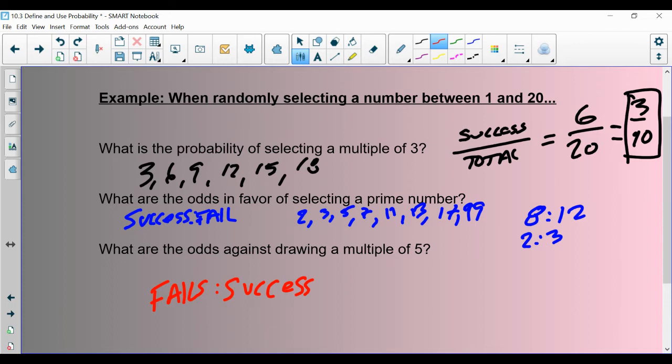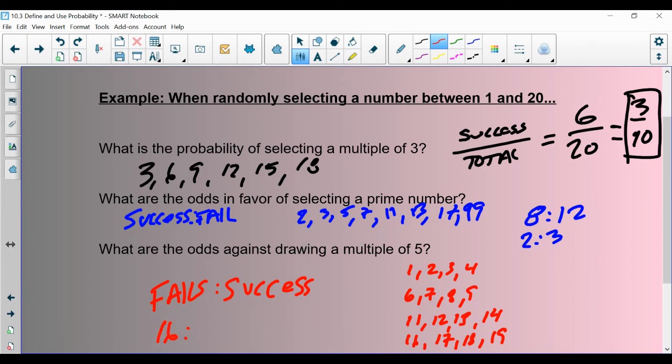Well, if I'm looking to draw a multiple of 5, the ones that would be failures would be 1, 2, 3, 4, 6, 7, 8, 9, 11, 12, 13, 14, 16, 17, 18, 19. Hopefully you guys agree with that. 4, 8, 12. There are 16 ways to fail at this task.